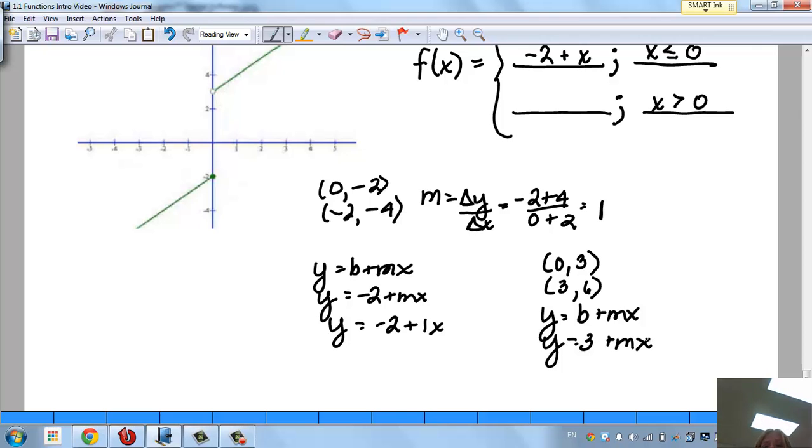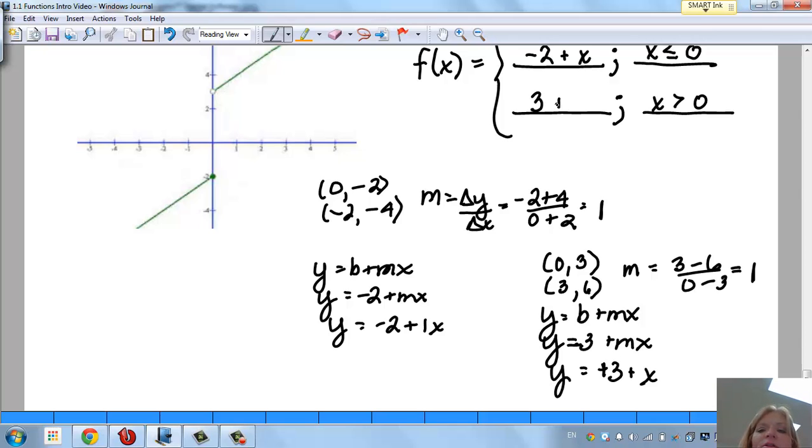Now if I do the slope between those two, 3 minus 6 all over 0 minus 3, I have a negative 3 over negative 3, so again I have a positive 1. So the slope here, the equation here is negative 3 plus 1x, or negative 3 plus x. Excuse me, positive 3. Why did I say negative? That's a positive 3, I'm sorry. So this one is actually 3 plus x.